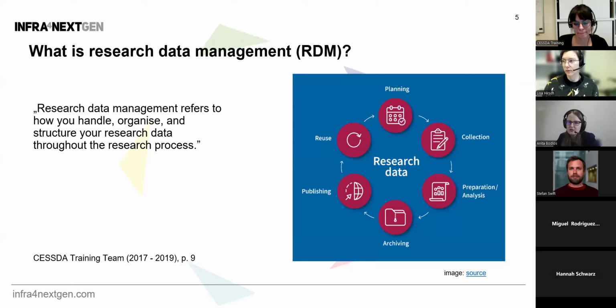During the preparation and analysis part, research data management can help you with guidelines how to document your data and how to make your research reproducible.